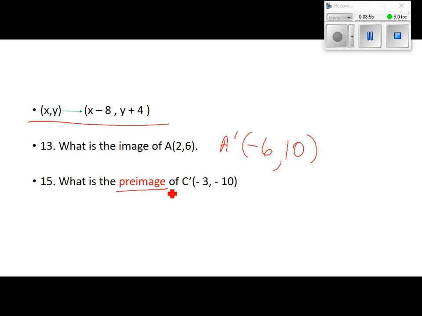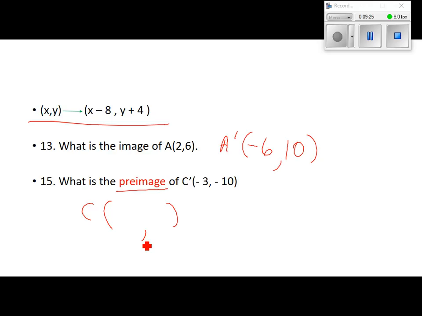Okay? So we're looking for the pre-image. So they're telling us where we ended up at. We want to know where we started from. So we're just looking for C this time. How can we do that? If here we started and then went to here and we subtracted 8 to every X and added 4 to every Y, what are we going to do if we're going backwards?